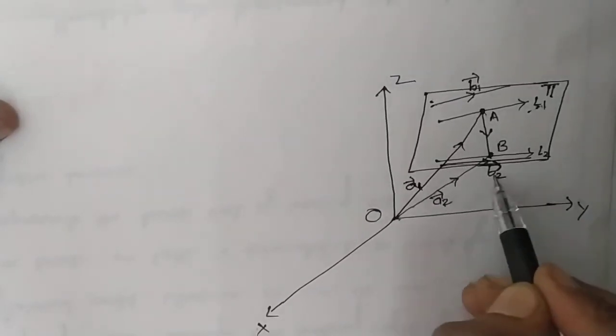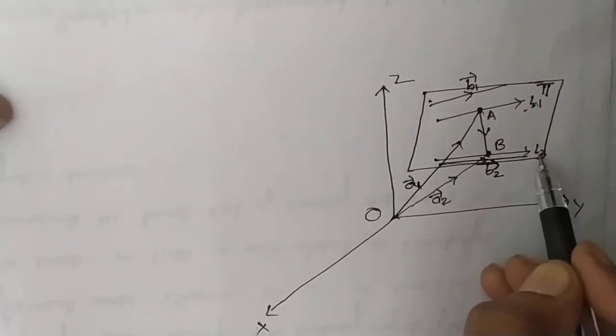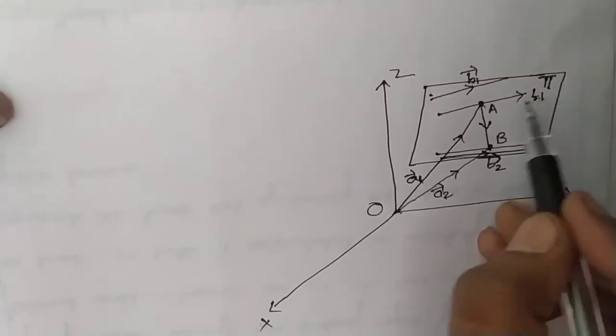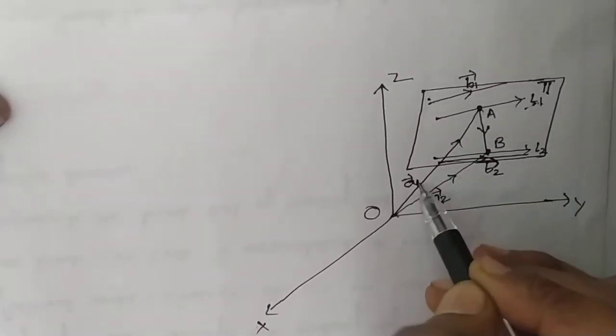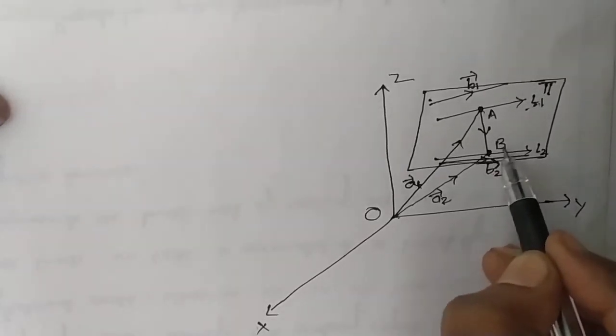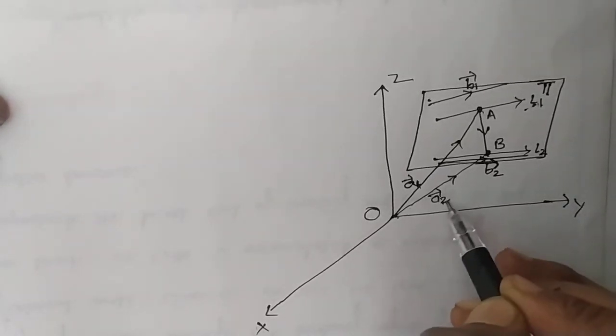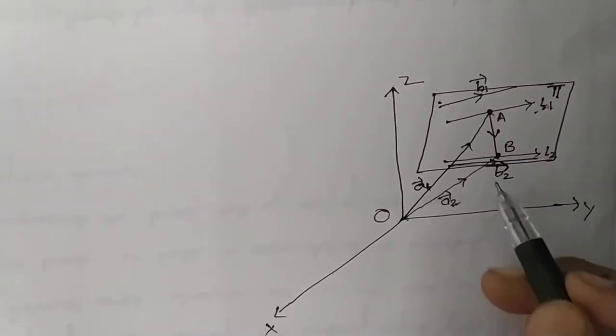The vector B2 is parallel to the line L2. Line L1 passes through the point A with position vector A1, and line L2 passes through the point B with position vector A2. This is the vector AB.